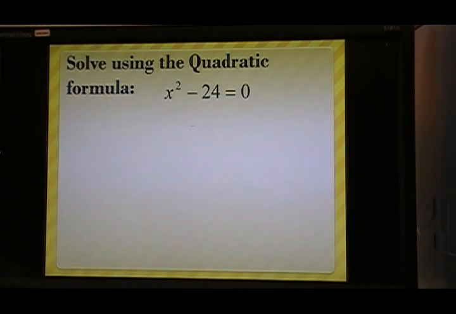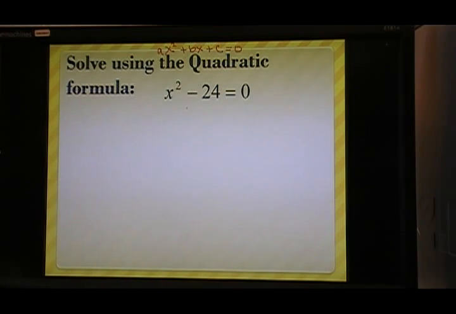But you can, okay? Again, quadratic formula can be used for any equation, any quadratic in the form ax squared plus bx plus c equals 0, where a, b, and c are real numbers and a is non-zero. B can be 0, C can be 0, and that's what we have in this case.